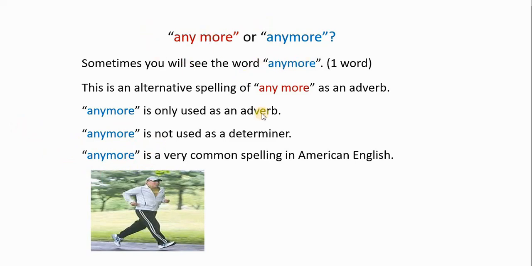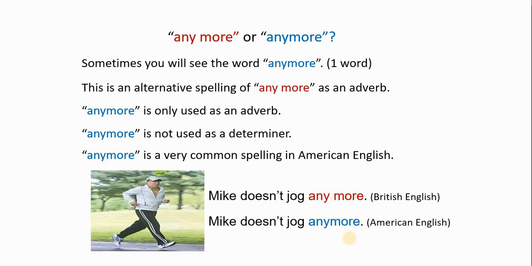Alright? So example, Mike doesn't jog anymore. British English. So this is the adverb, and the American English version has one single word. Mike doesn't jog anymore. And the pronunciation is exactly the same. Alright? Anymore. Yes?